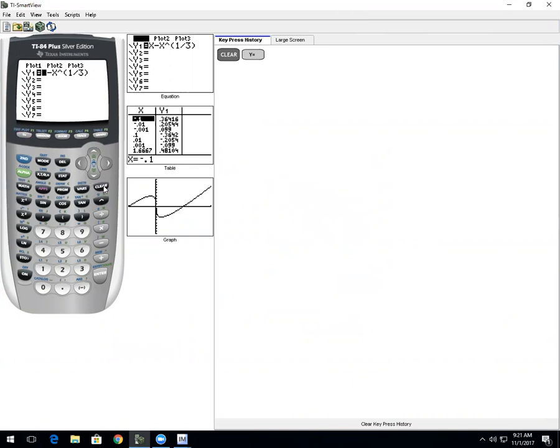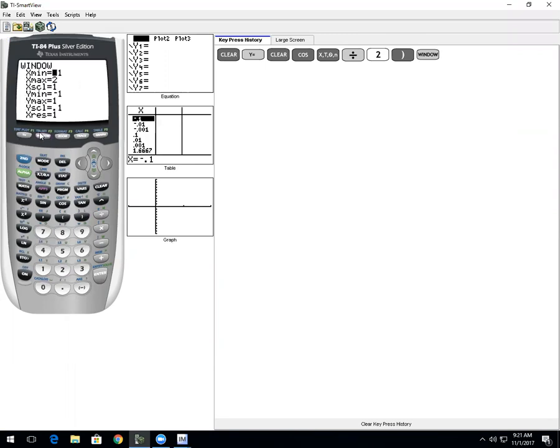And say f of x equals cosine of x over 2. If I only want to graph it from 0 to 2 pi, I can set my window accordingly.